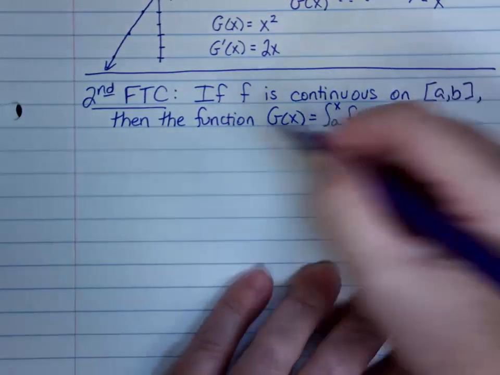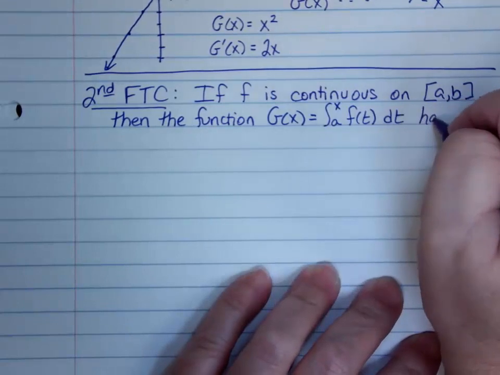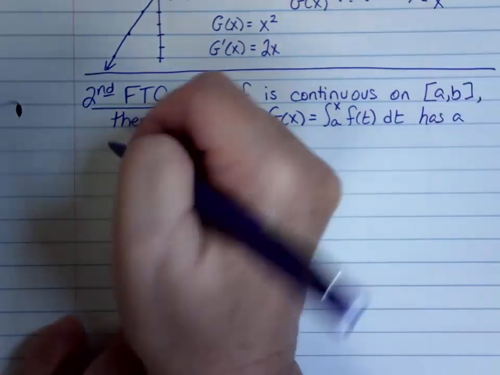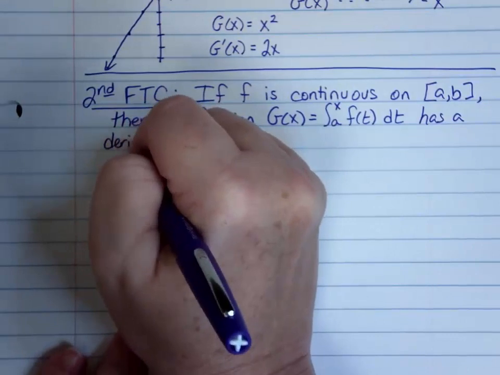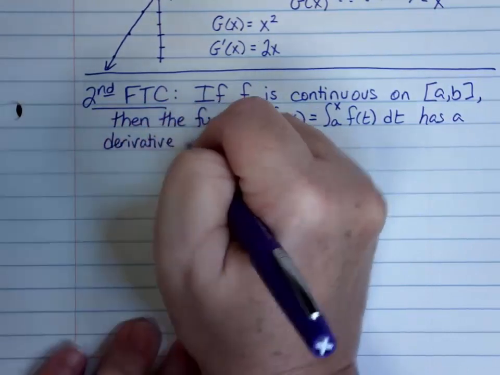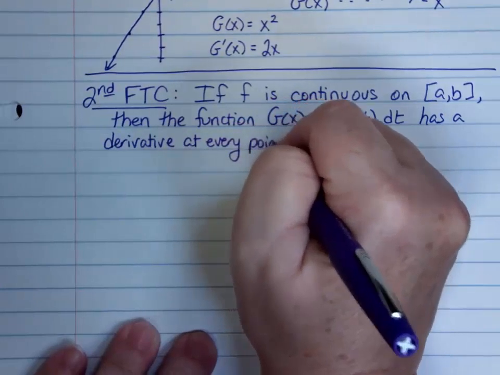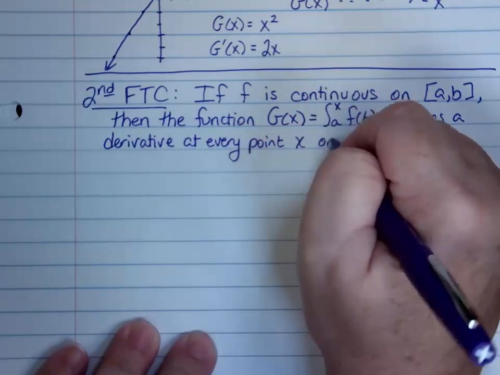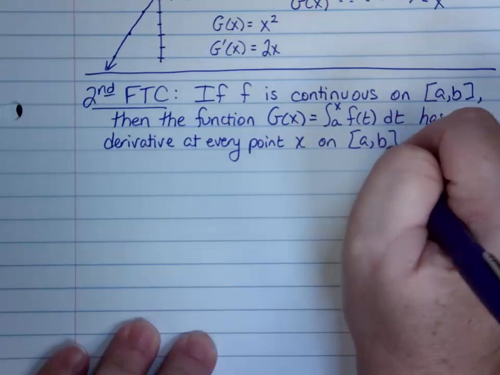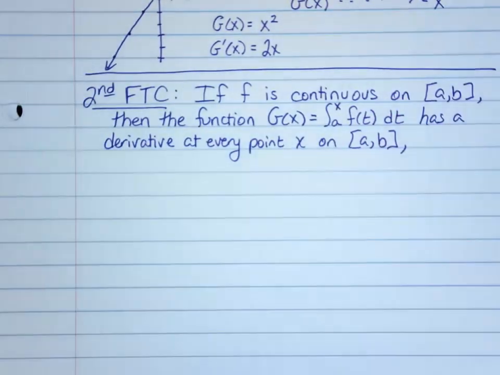This function g has a derivative at every point x on the closed interval from a to b.